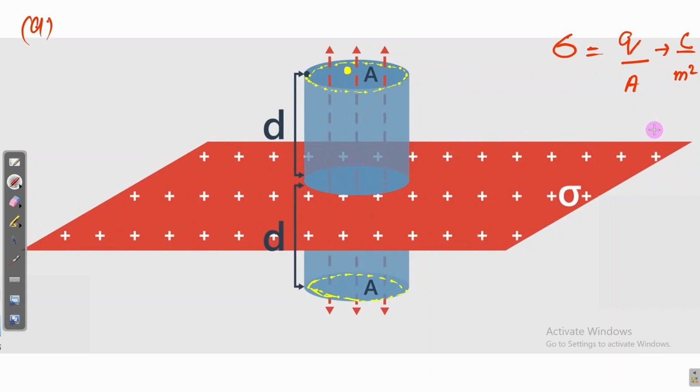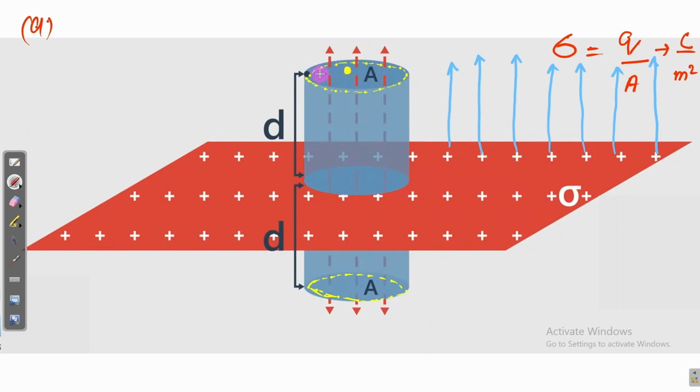Each positive charge is associated with an electric field line. This electric field line is originating from this positive charge, and similarly the electric field line originates from this positive charge. In this way, a large number of electric field lines originate from this sheet in the upward and downward directions as well.